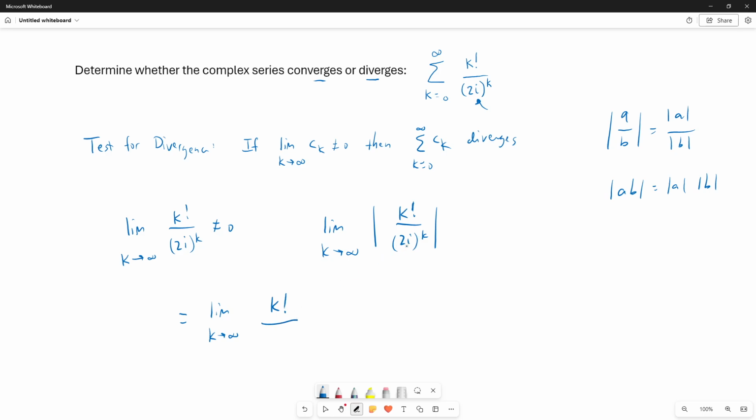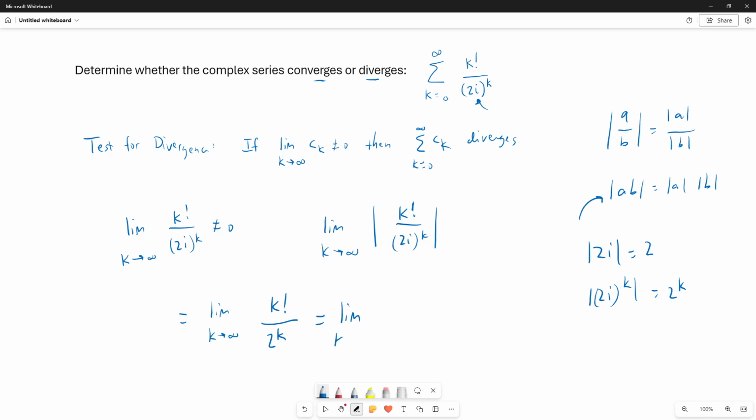And then (2i)^k, the modulus of 2i is 2. So the modulus of (2i)^k, using the modulus of a product as the product of the moduli, is simply 2^k. So we have k factorial over 2^k. This is our limit.